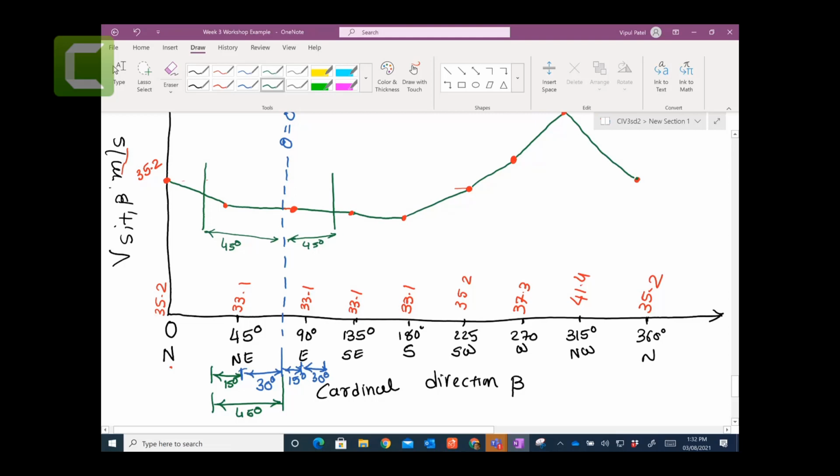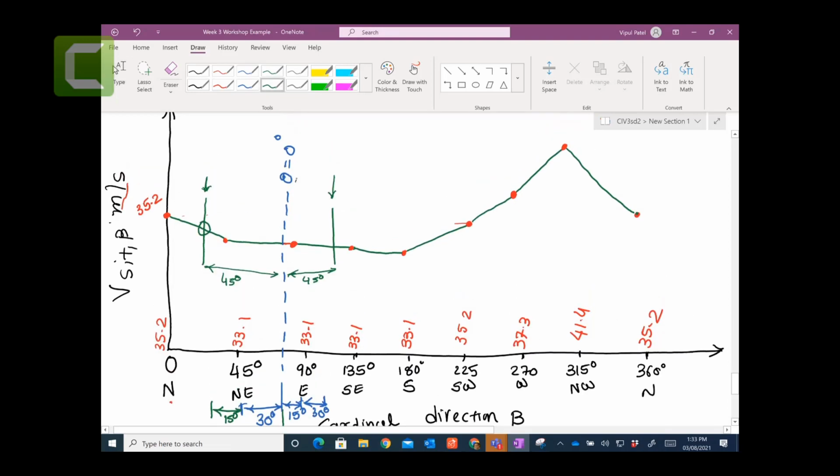So in this region, meaning between these two poles, we need to pick the maximum velocity. The maximum velocity is sitting here. Do you agree? Between these two green poles, which are 45 degrees plus and 45 degrees minus, that maximum value would be the velocity at theta equal to 0.